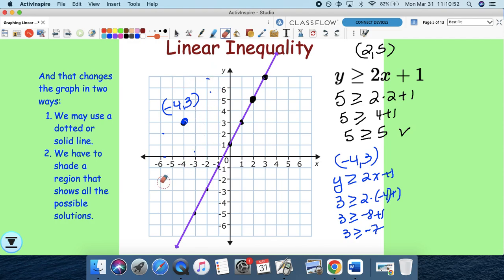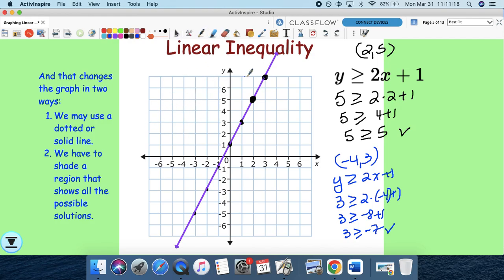And again, you can pick a couple more. You can pick this point over here, this point, this point, any of those points above the line, to see if they make the inequality true. And you would see that they do. So we picked a point on the line, it worked. We picked a point above the line, it worked. So to show that points above the line work, I want you to shade it.